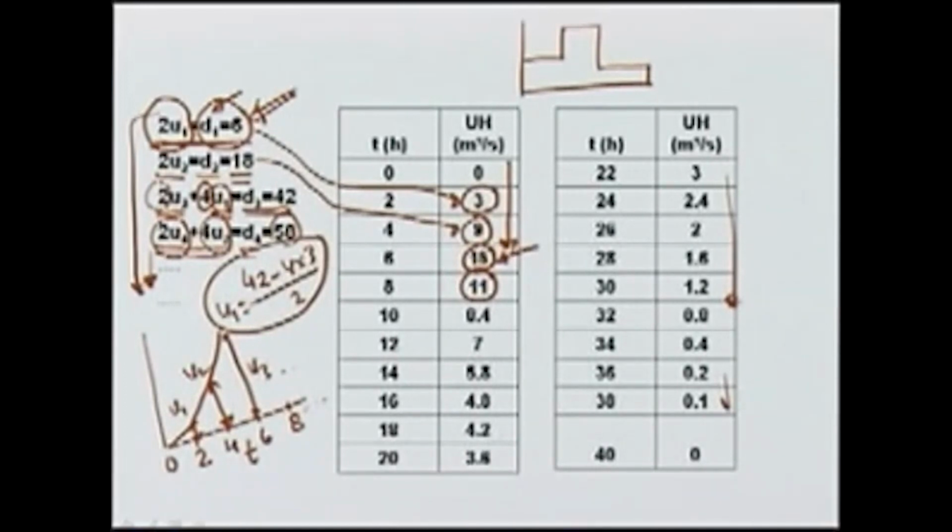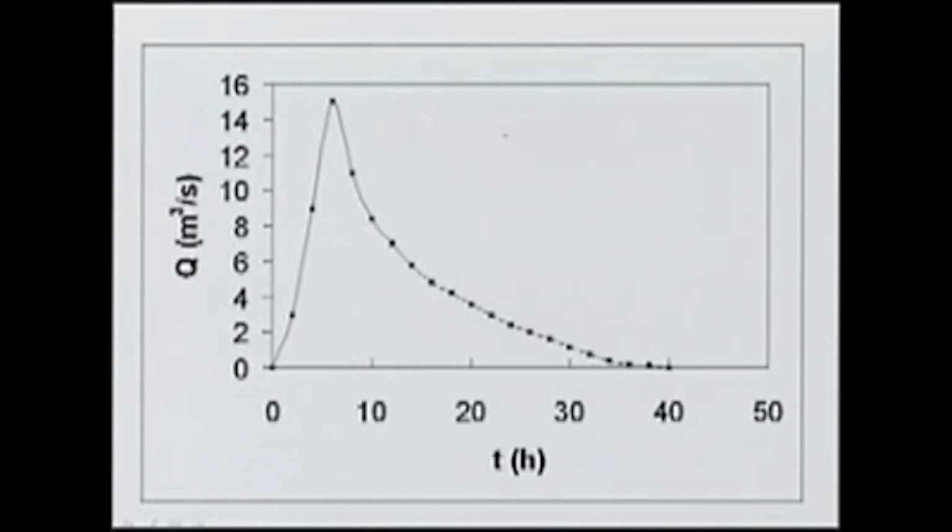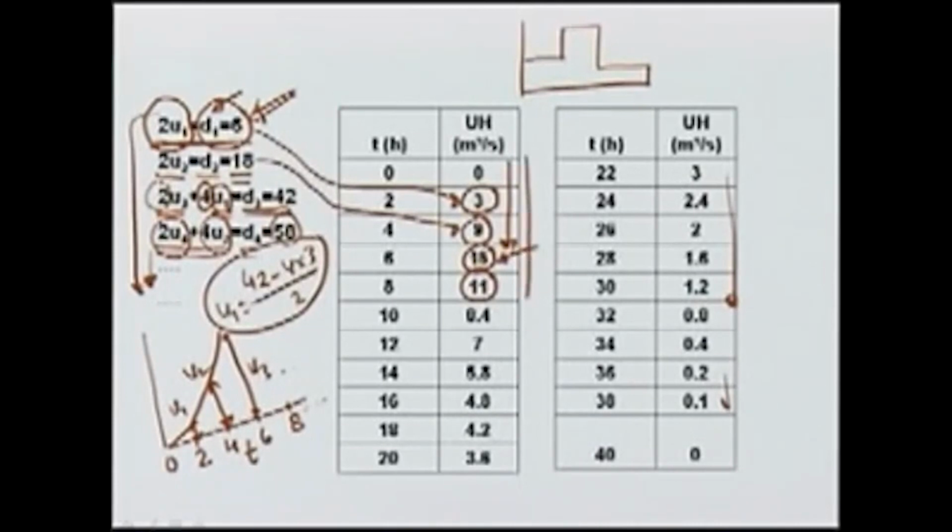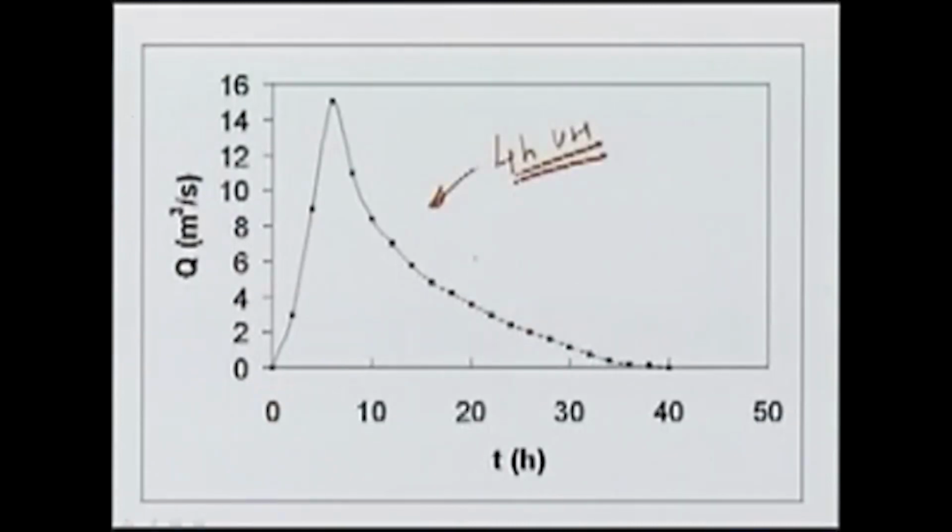In this case, since we have taken exact data, the resulting unit hydrograph which we have obtained by computing U1, U2, U3 and so on, turns out to be quite smooth. So, we say that this is a 4 hour UH which we have derived based on the direct runoff hydrograph corresponding to 2 different storms, in this case of same duration 4 hours, but different intensities.